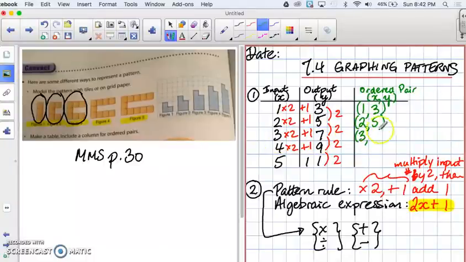The corresponding output value is going to be 7, so (3, 7). The next one would be (4, 9), because that's the input and then that's the output. And finally, the last values that we have here, we have 5 as our input, 11 as our output, so (5, 11). Those will be the ordered pairs we'll be dealing with when we plot our graph.